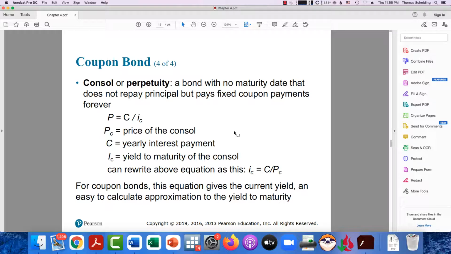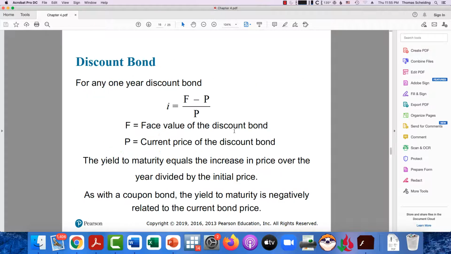This is just saying that the coupon payments are going to be paid forever, and the principal is basically never repaid. Then in that case, the price of that bond is going to be whatever that interest payment is, divided by the yield to maturity. And that's going to get us, again, pretty close to the interest rate for that item.